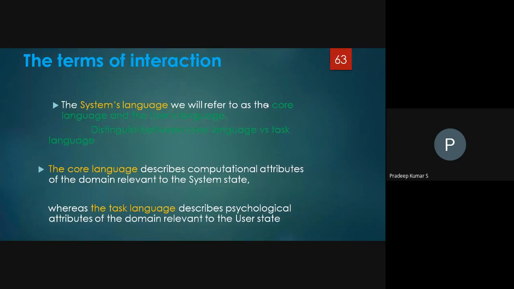The psychological attribute is the student's view. We have to remember the concept. For the core language, I can use a graphical manner, a PPT, a design or diagrammatic manner.